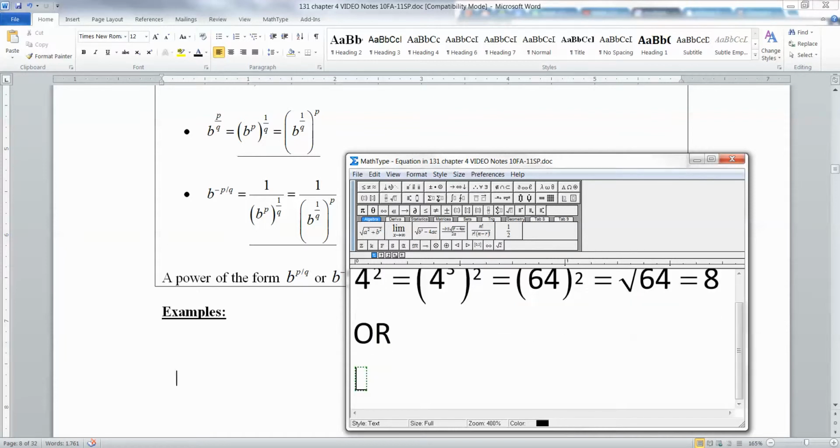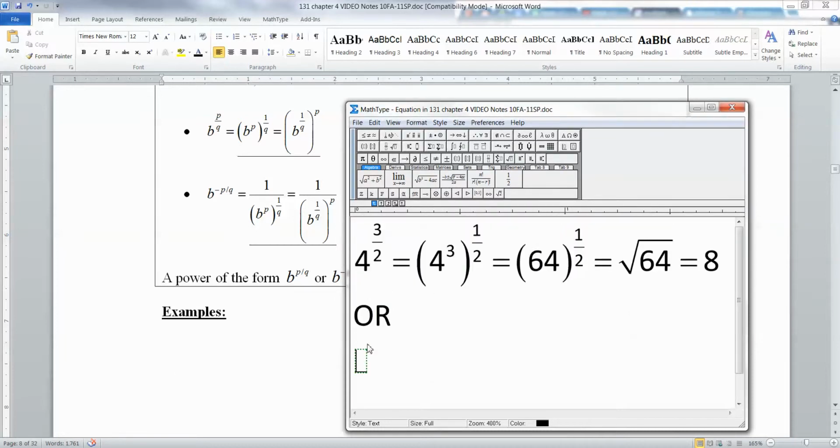Or I could write it one other way. That's the second way that I'm trying to show you. I could say 4 to the 3 over 2 is equal to 4 to the 1/2 to the 3.